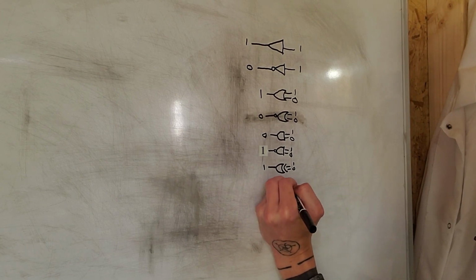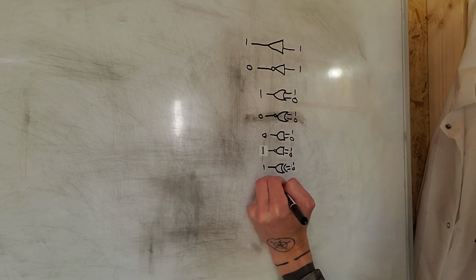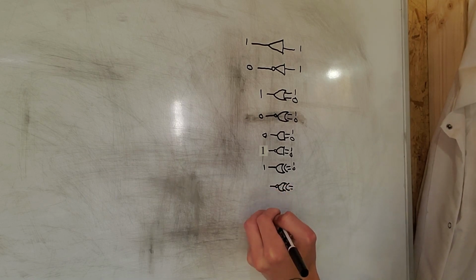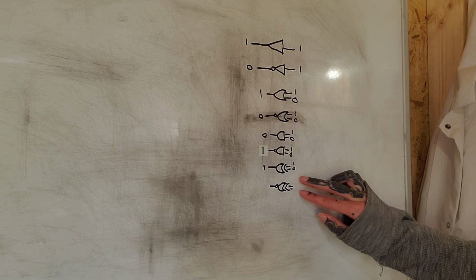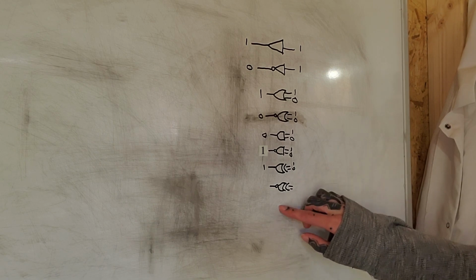But then we have an XNOR gate, which is what I accidentally drew for the NOR gate. And this is the opposite of the XOR gate, as the name implies. If you have opposite inputs, then the output will be 0.